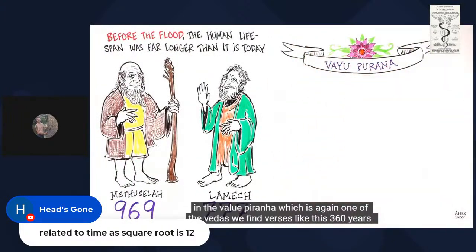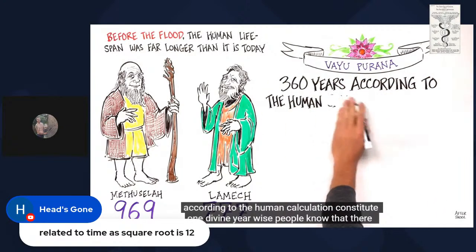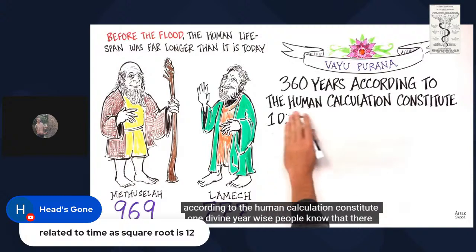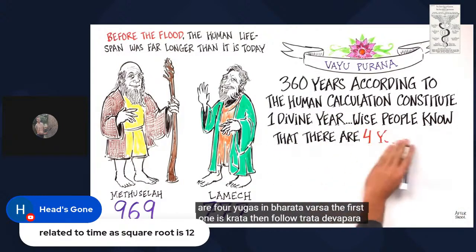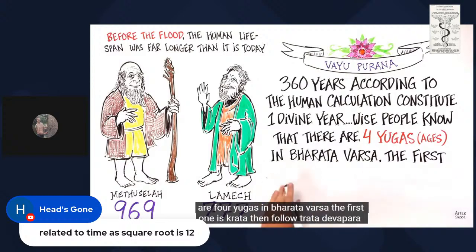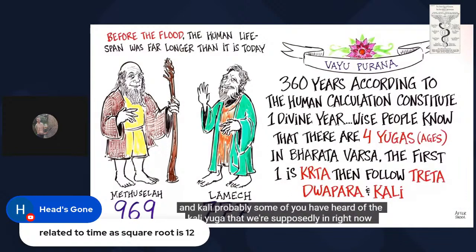In the Vayu Purana, which is again one of the Vedas, we find verses like this: 360 years, according to the human calculation, constitute one divine year. Wise people know that there are 4 yugas in Bharatavarsa. The first one is Kreta, then follow Treta, Dvapara, and Kali.